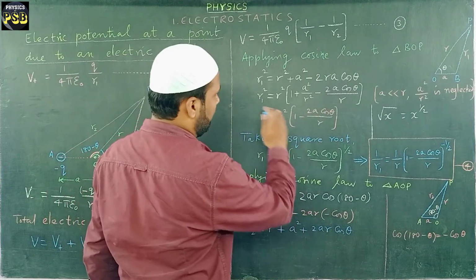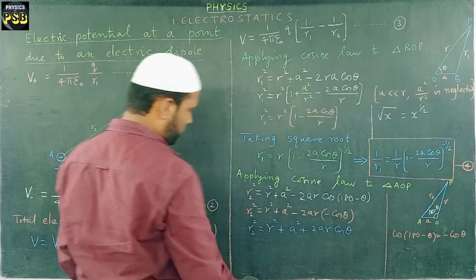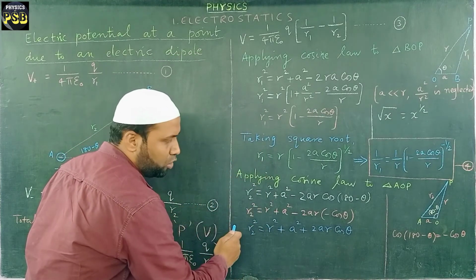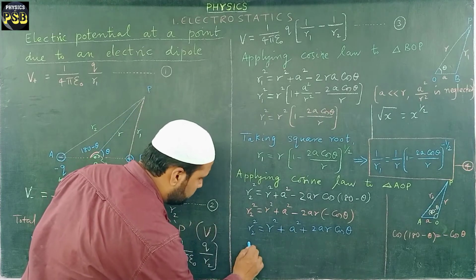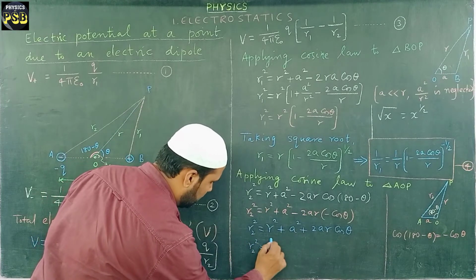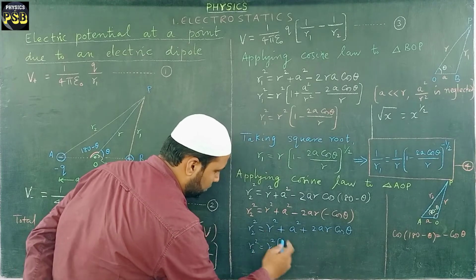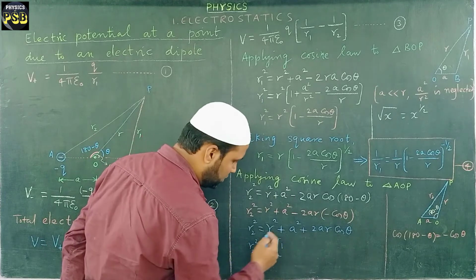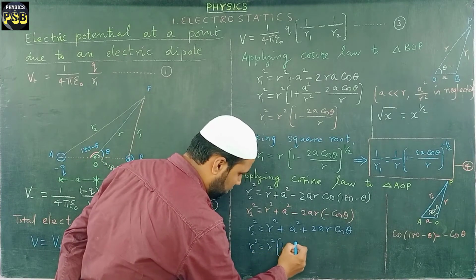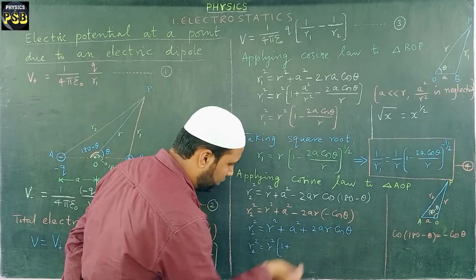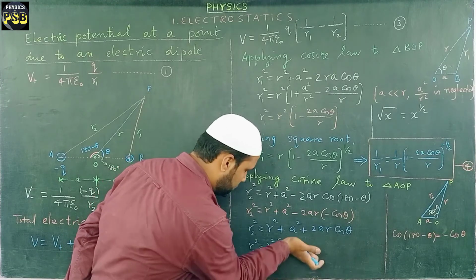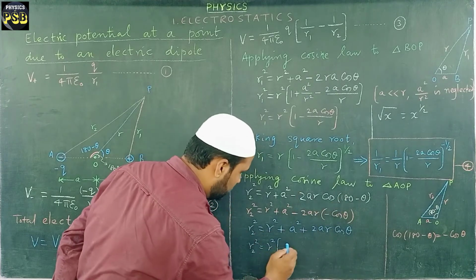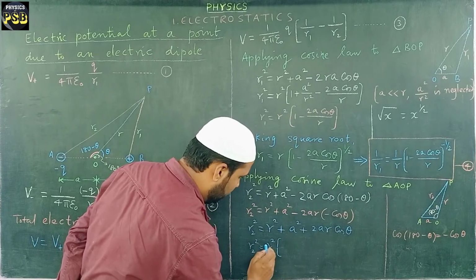Now, I follow the same method. I take r square common outside. What do I get? r square upon r square, so it is 1. Let me increase one step here to make you understand in a better way.